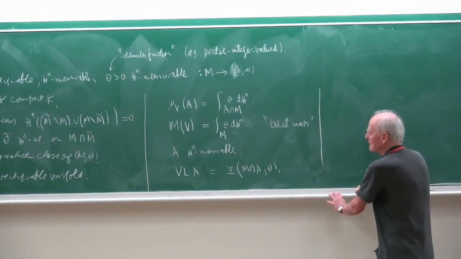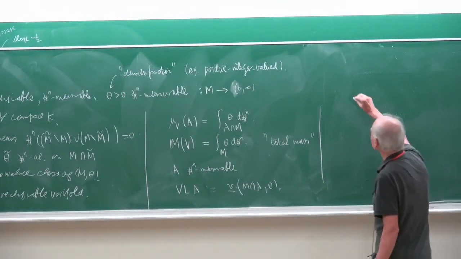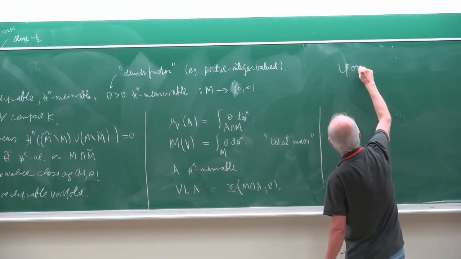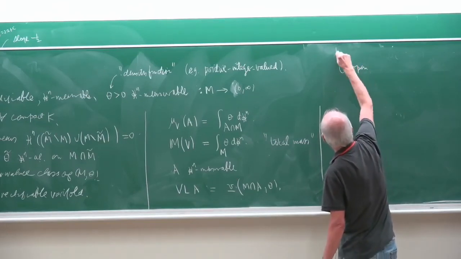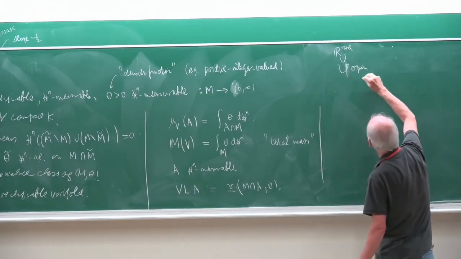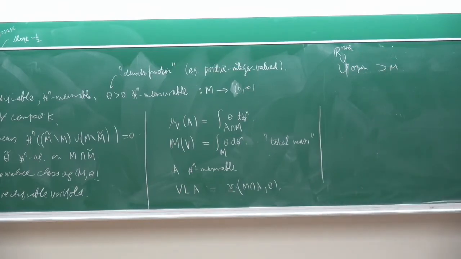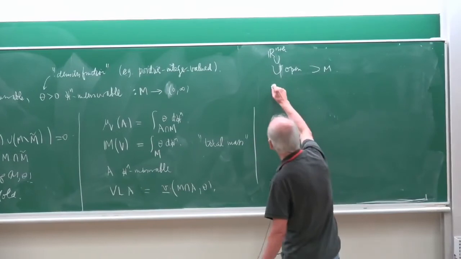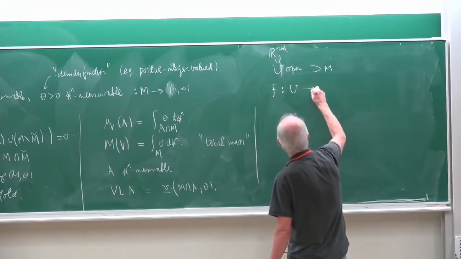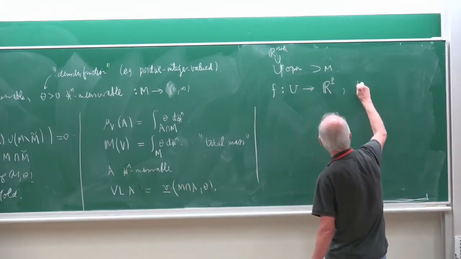Okay, now we also need to talk about mapping varifolds. So suppose that we've got an open set, again in R^(n+k), and containing M. And suppose that we've got a mapping F going from U into R^p, where p is bigger than or equal to n.